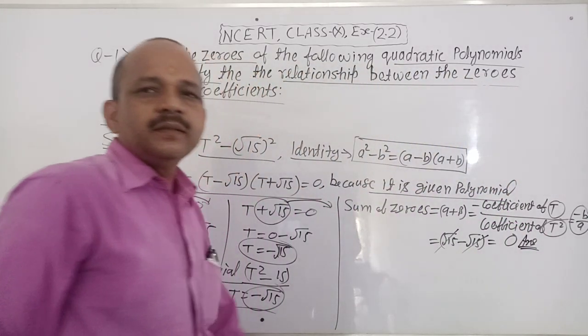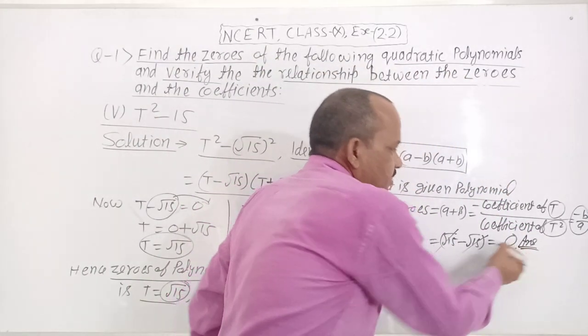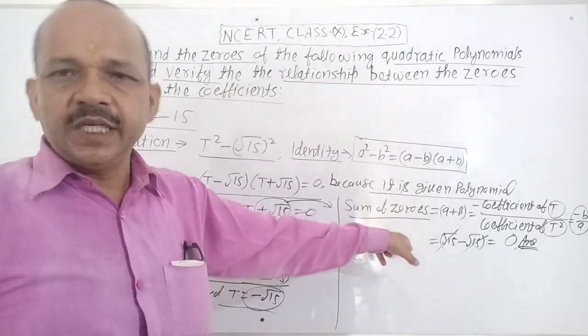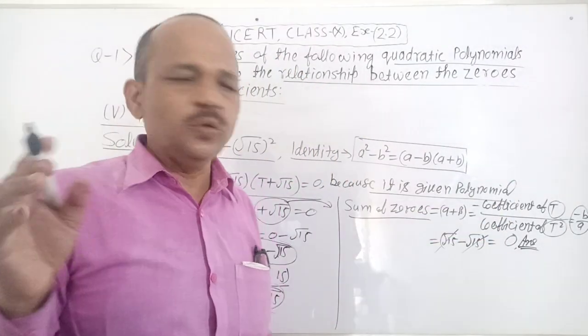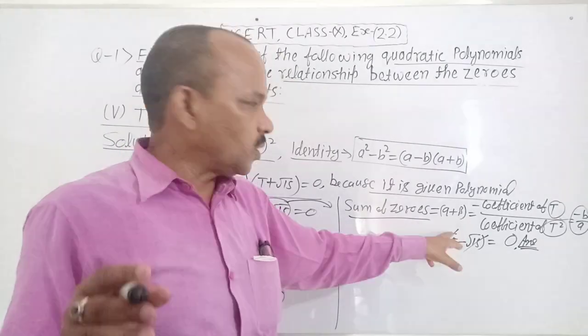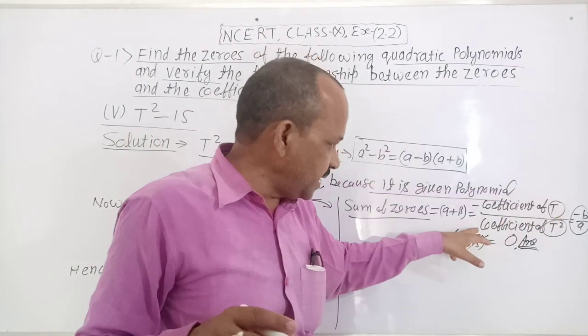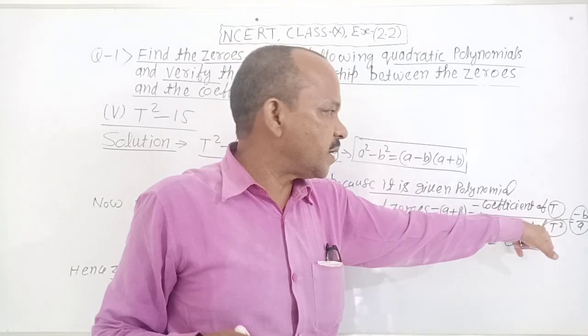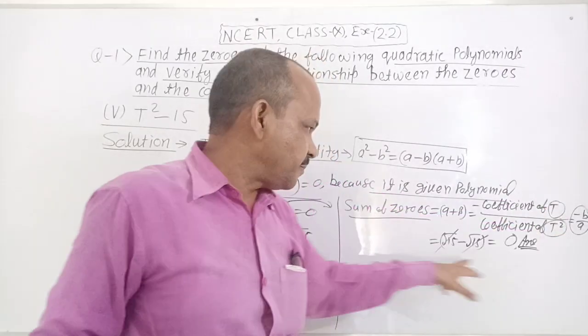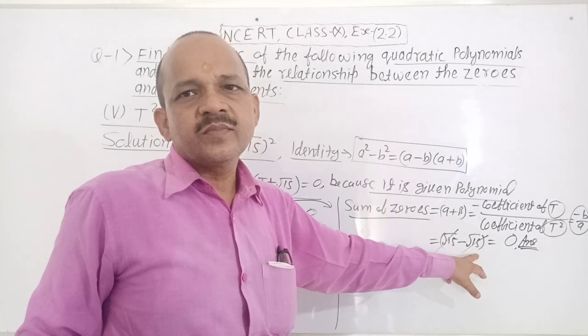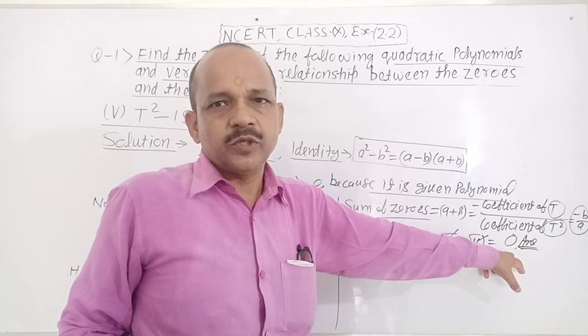You find your answer 0. It is sum of zeros. You find sum of zeros equal to alpha plus beta equal to minus coefficient of t upon coefficient of t square equal to minus b by a equal to root 15 minus root 15 equal to 0.